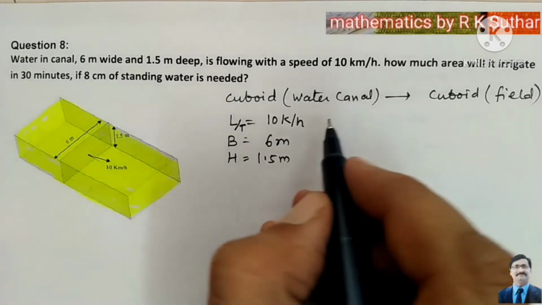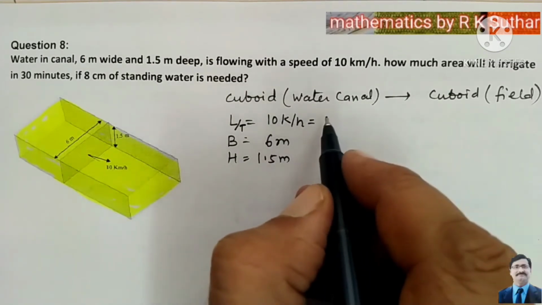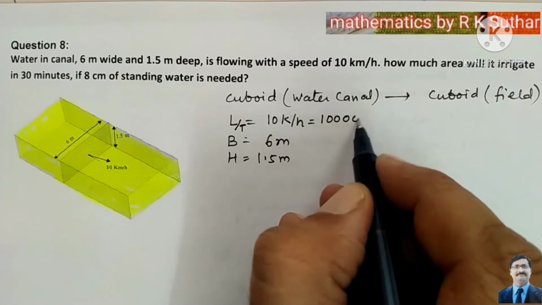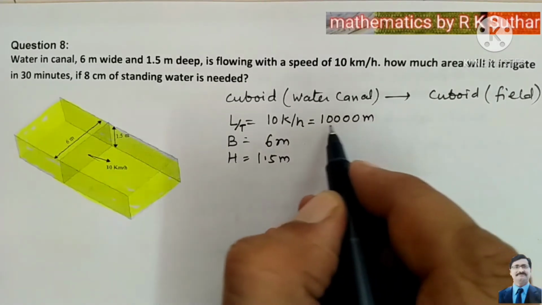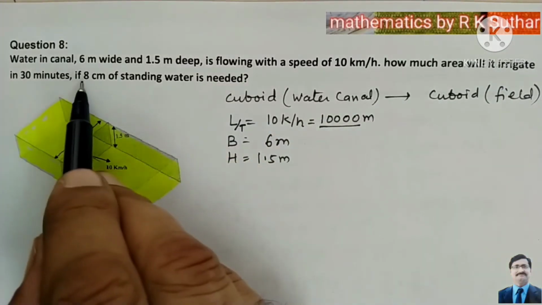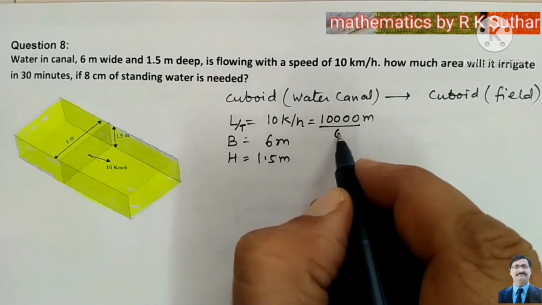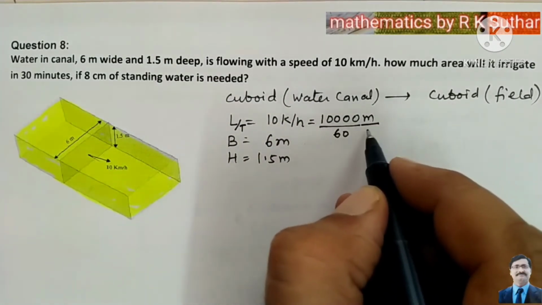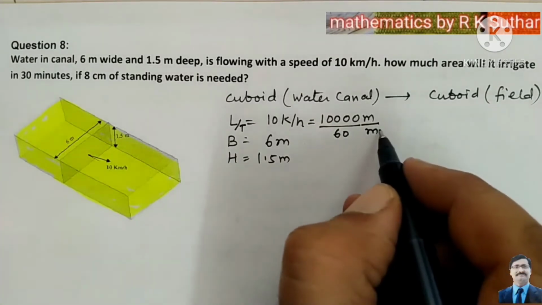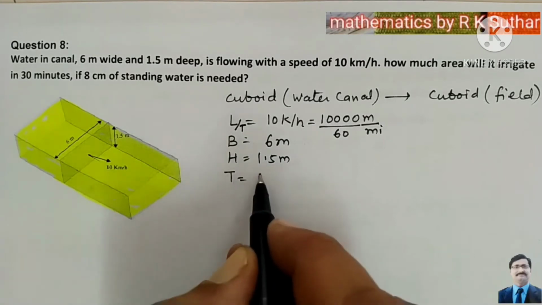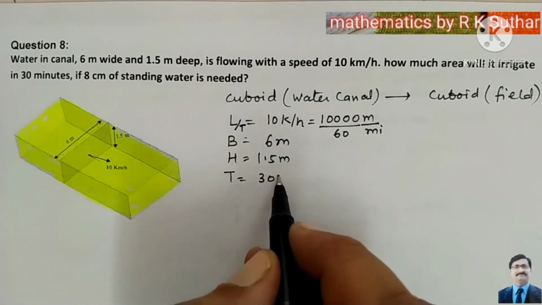Okay, and 10 km we have to change in meter, so we can write here 10,000 meter, and hours we have to change. Look here, time is given in 30 minutes, so this we change to 60 minutes, so meter per minute we will have here. Okay, now look here, this time is given to us 30 minute.